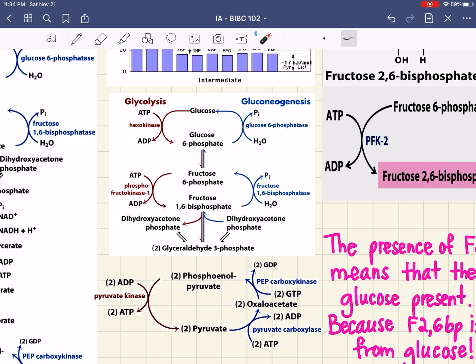And if you remember, this enzyme is activated by something called fructose 2,6-bisphosphate. And at the time, before the midterm, we told you, we'll talk about that later. Just remember that it activates this enzyme for now. And so now is when we talk about it, okay?